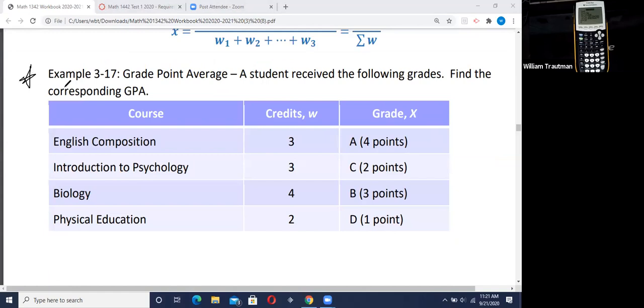Just know this. The number of credits a class is worth is the frequency. And where does frequency go?